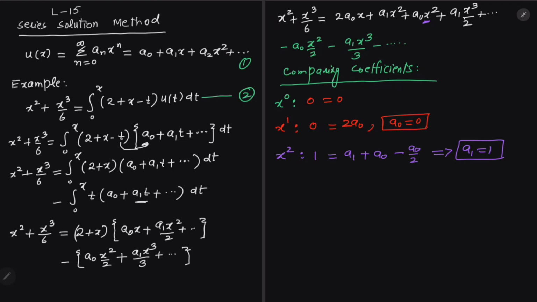The last term, since we have x cube, the coefficient of x cube as well. On the left hand side, we have 1 over 6, and on the right hand side, we have a1 by 2, then minus a1 by 3.